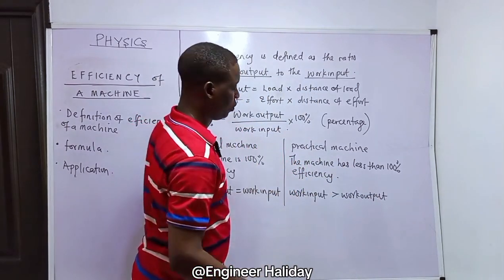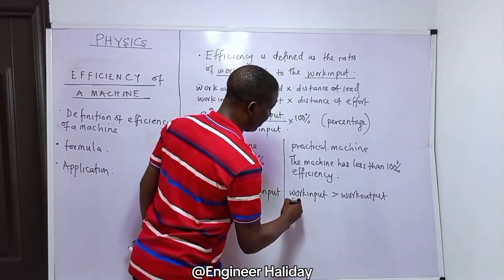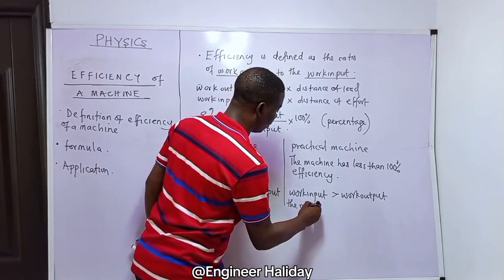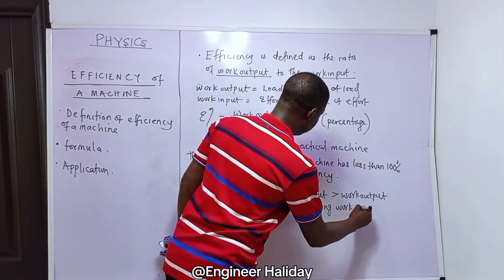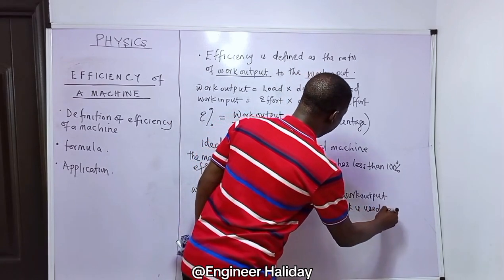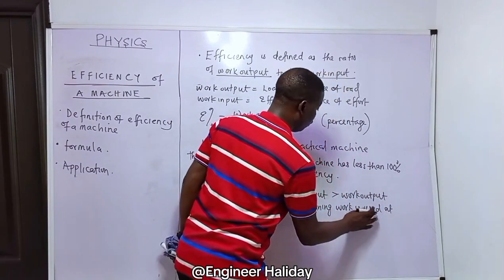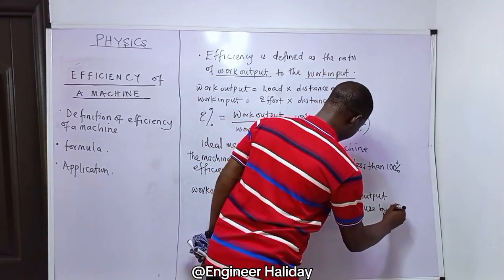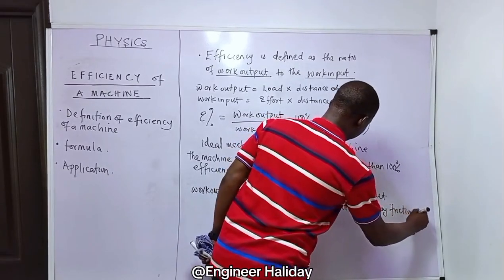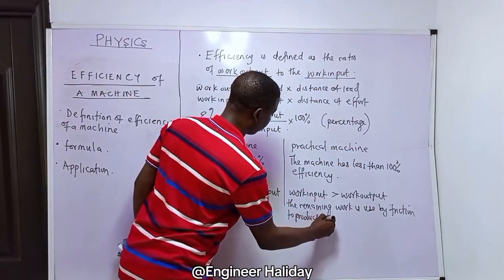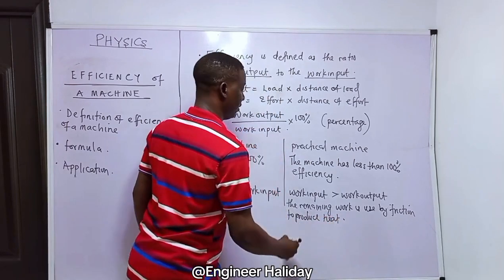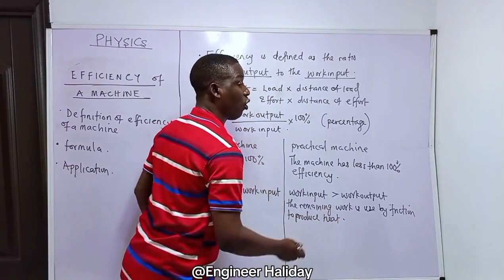Where did it go to? The remaining work is used by friction to produce heat. So that is why the machine here will get hot.